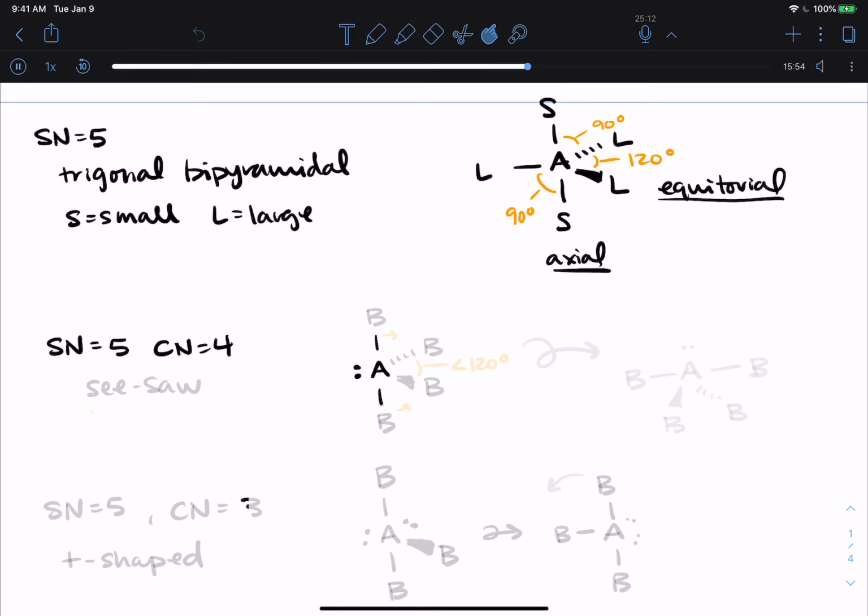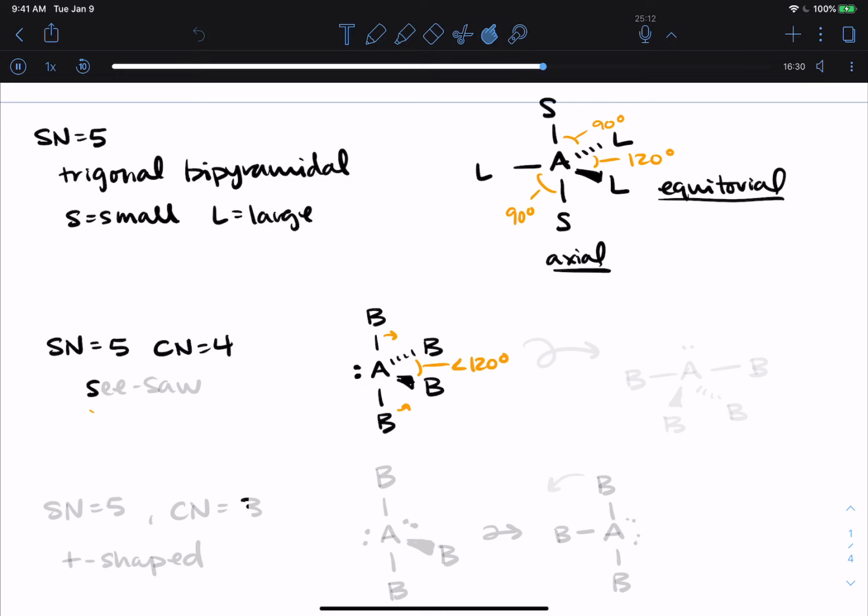What I'm left with are my 2 axial and my 2 equatorial. Now I'm going to go to just generic B atoms here. It looks a little weird, but my bond angles here are a little less than 120 because that lone pair is going to squish stuff. It might squish these down a little bit as well, but not as much. And the name of this shape is called seesaw.